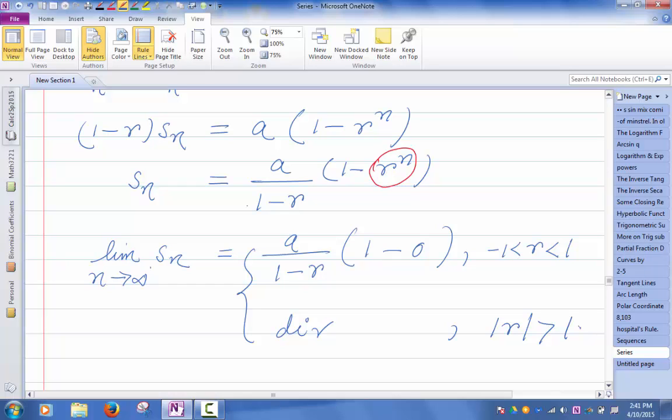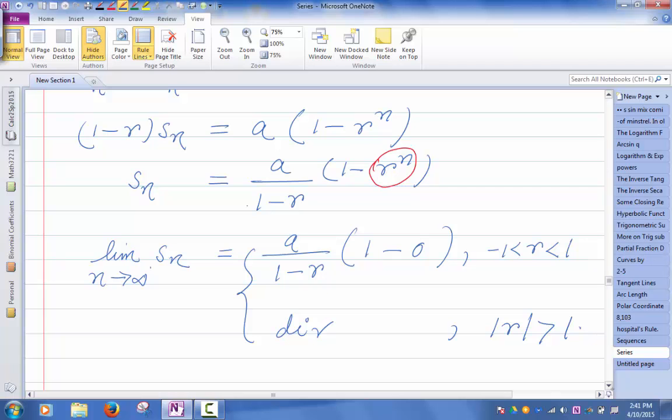So we know that r to the n is divergent when the absolute value of r is bigger than 1, and r to the n goes to 0 when r is between -1 and 1. So now we know exactly when the geometric series converges, and if it converges, we know the sum. What is the sum of the geometric series then? a divided by 1 minus r, right? Because I have just 1 minus 0 here. So the geometric series has sum a over 1 minus r.